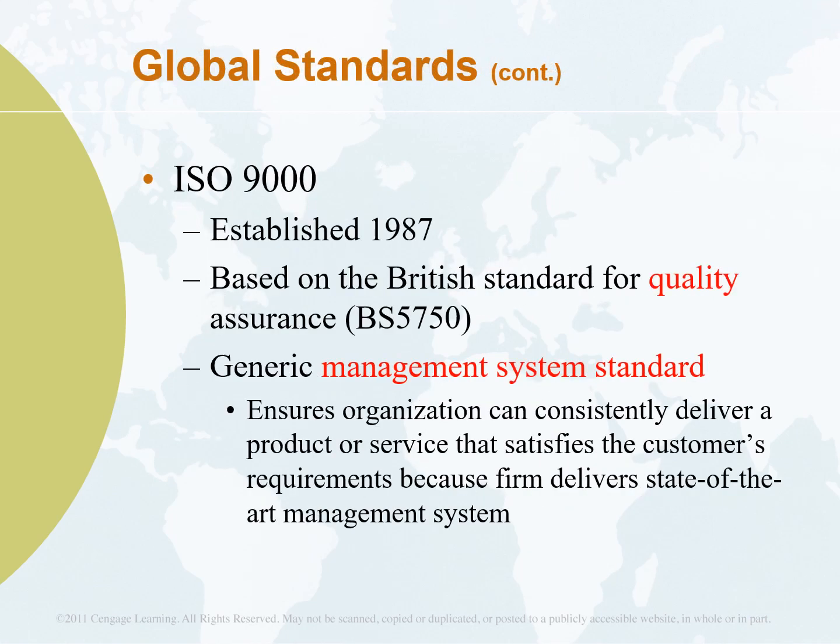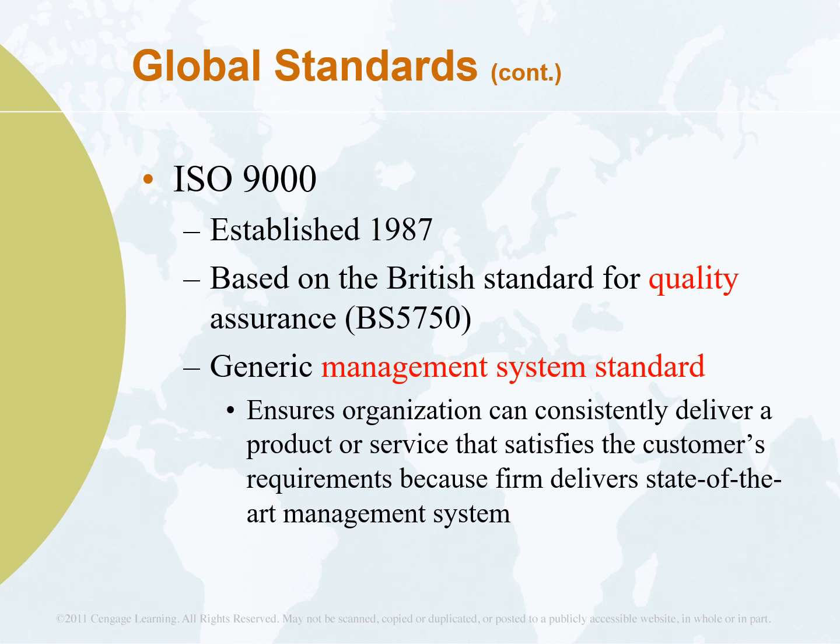ISO 9000. If you're working in industry, you may encounter ISO 9000. What is ISO 9000? It was established in 1987. It's based on the British Standard for Quality Assurance, BS 5750. It's a generic management system standard.